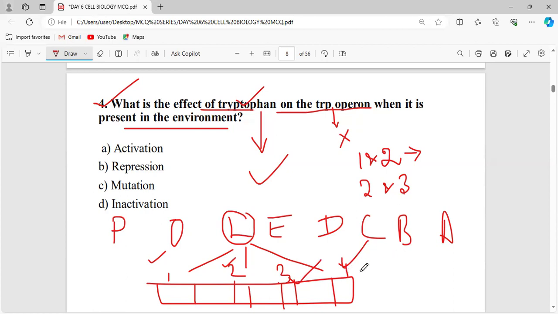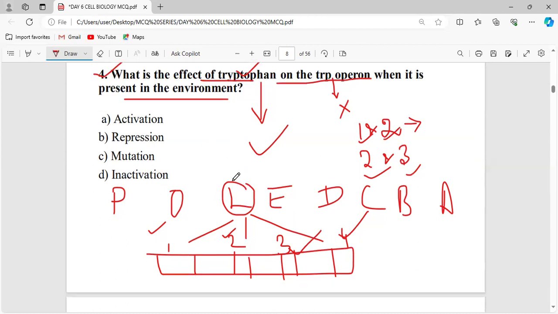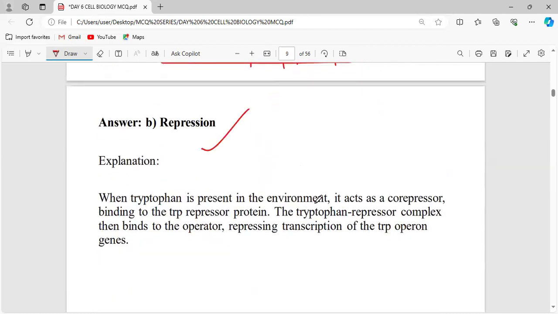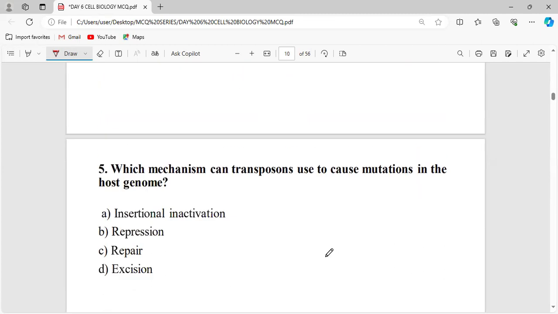The signal is very important. For this question, repression will be the answer, because tryptophan itself is acting as a co-repressor. When it binds to the operator, definitely it is going to stop the tryptophan operon.